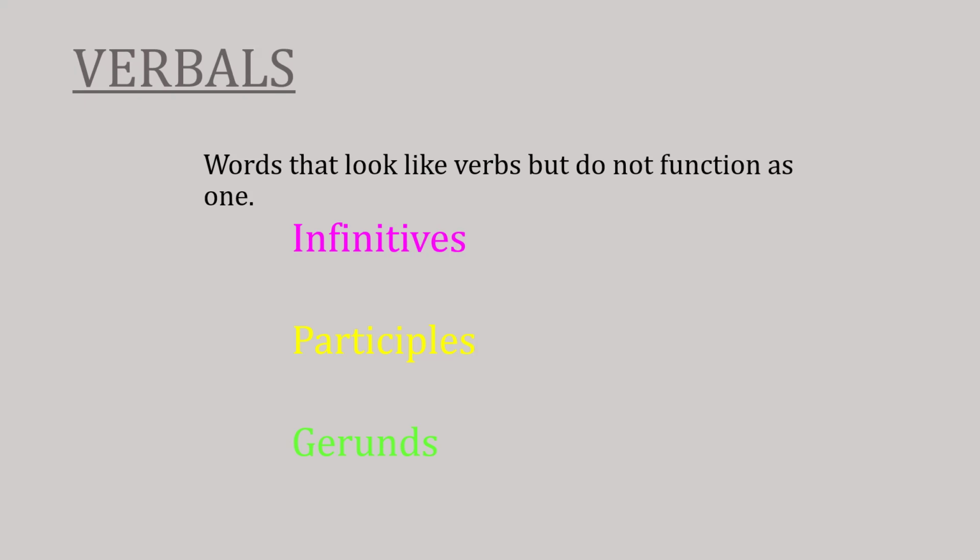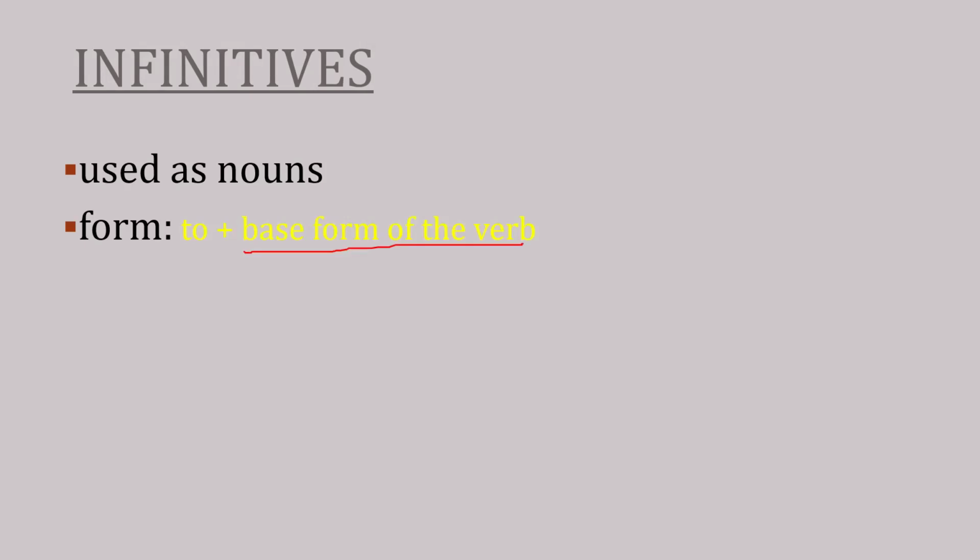So, infinitives, participles, and gerunds. First, let's talk about infinitives. Infinitives are verbs associated with the word to, okay? They're used as nouns. The form is to plus base form of the verb. To run, to get, okay?